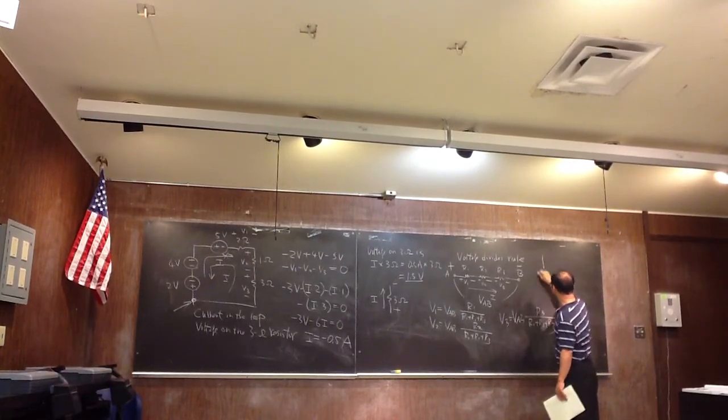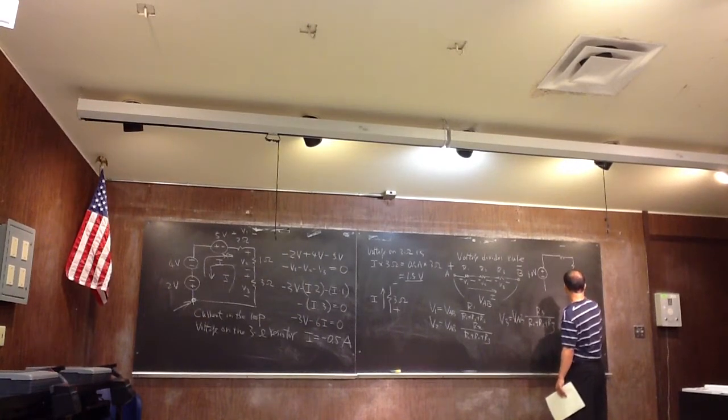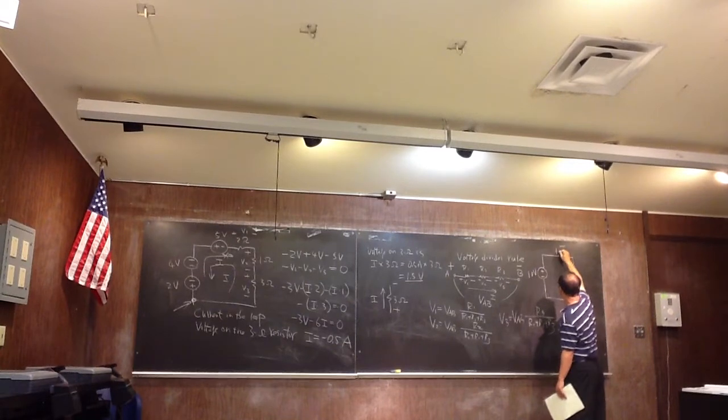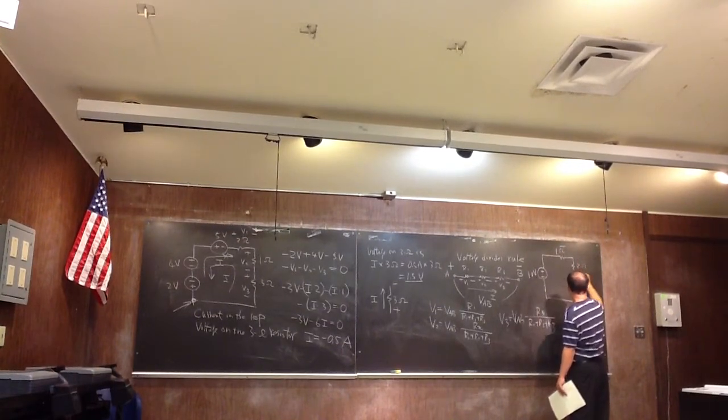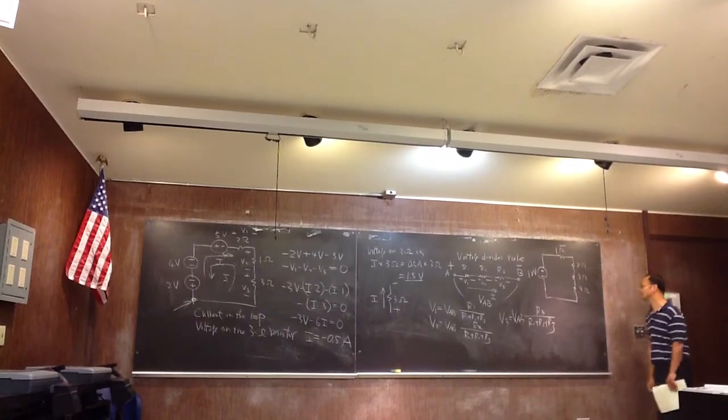So let me do an example quickly. Let's say I have a voltage source, 10 volts, and then I have 4 resistors: 1 ohm, 2 ohm, 3 ohm, 4 ohm.